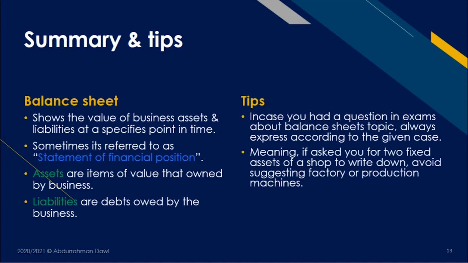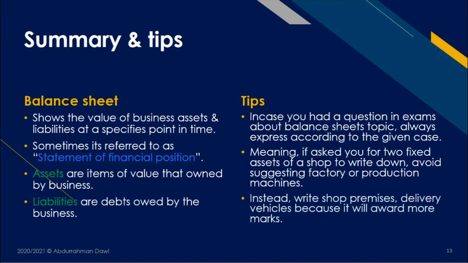Avoid suggesting things like a factory or production machines, because in this case, it's more appropriate to explain that shops can have fixed assets such as shop premises or delivery vehicles, because if you stick to the case logically, it will award more marks, inshallah.